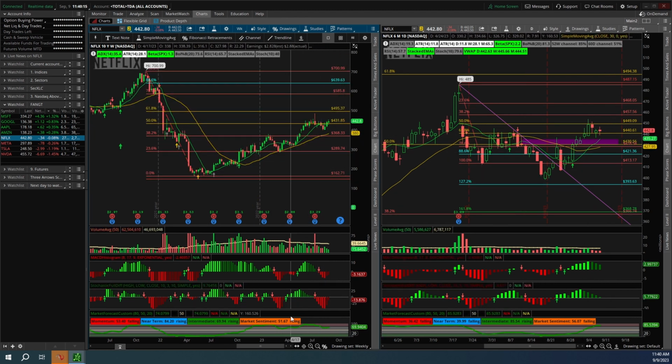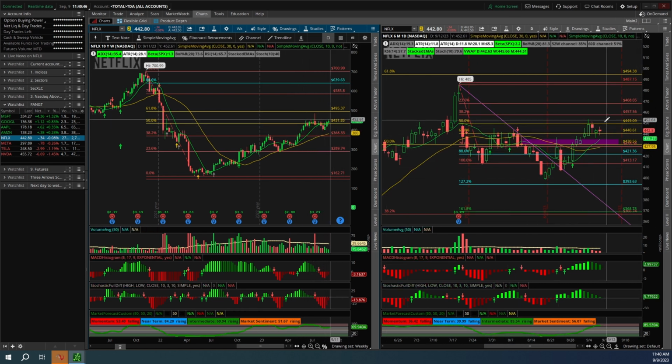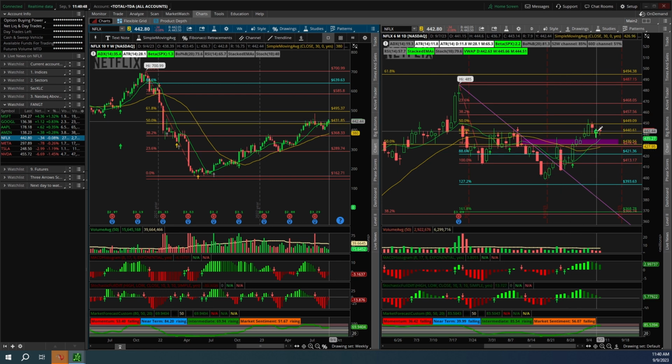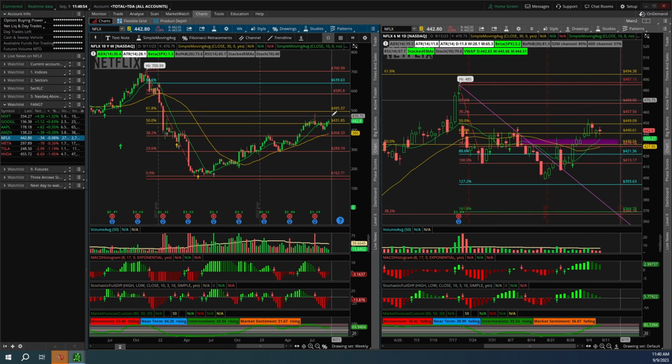When you see this move here, and you see that the moving averages are stuck to the upside, if you're playing to the downside, you are counter trading. So be careful on that, because the best moves are when they are in sync, right? So here you do have higher highs and higher lows now in Netflix, and also higher highs and higher lows here.